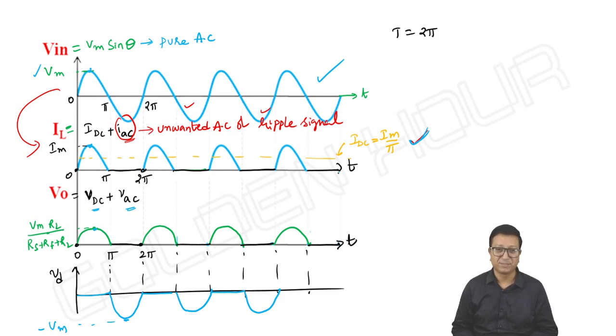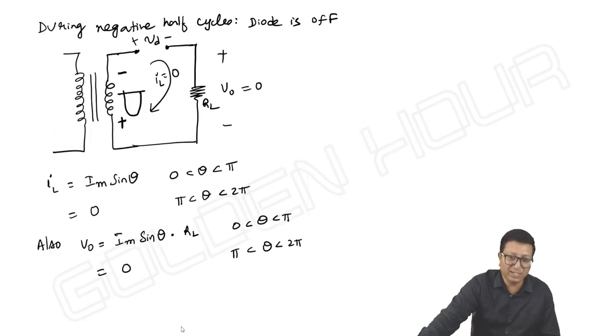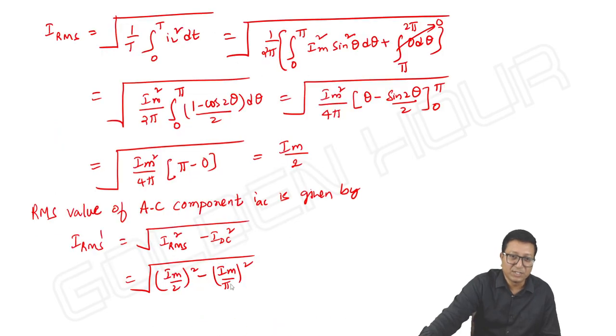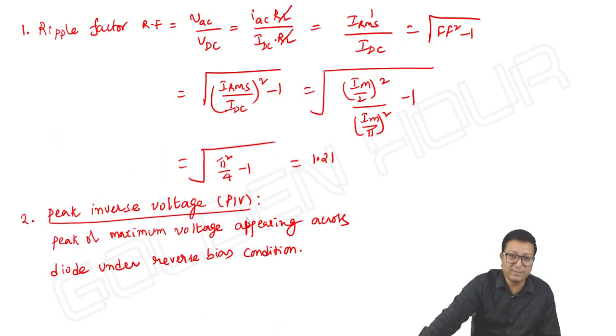So we should avoid that. Objecting the signal, holding the signal, is a good habit. It doesn't mean that we can apply any signal of our choice. If you apply signals with very large amplitudes, that will damage the diode, or that will reduce the average value of your result. So that's why we are calculating how much peak amplitude the diode is experiencing.